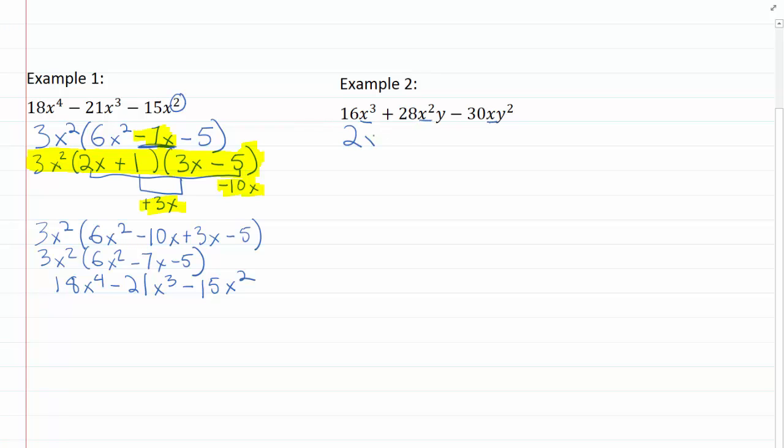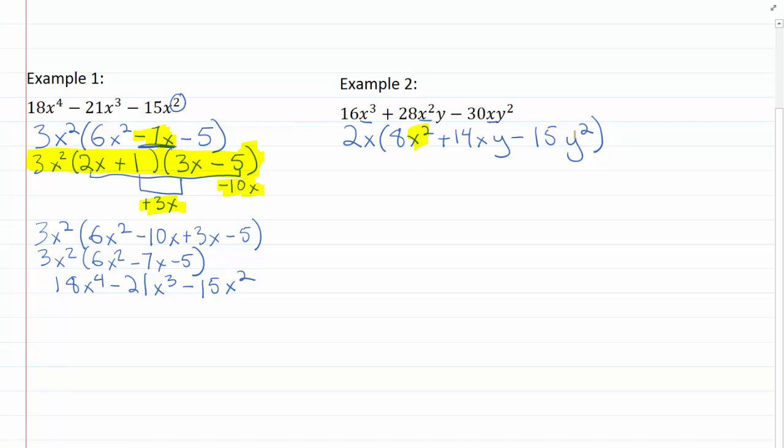So I can pull out an x, and that'll leave me with 8x squared plus 14xy minus 15y squared. So now we'll just go ahead and continue factoring from there.